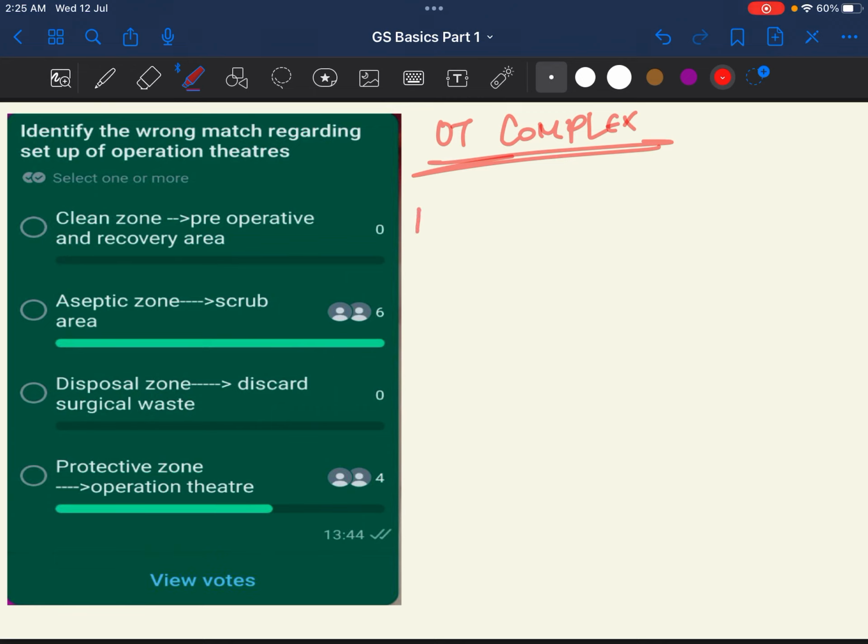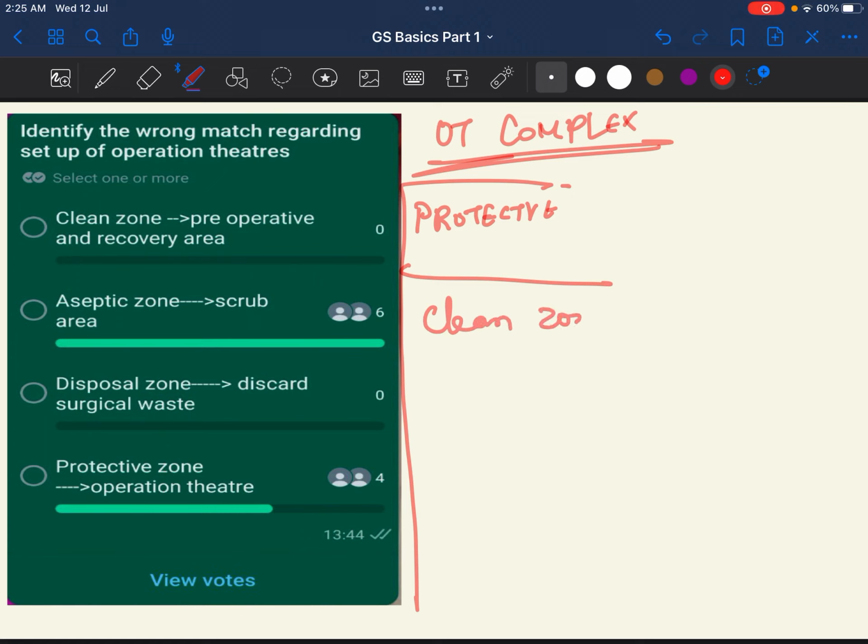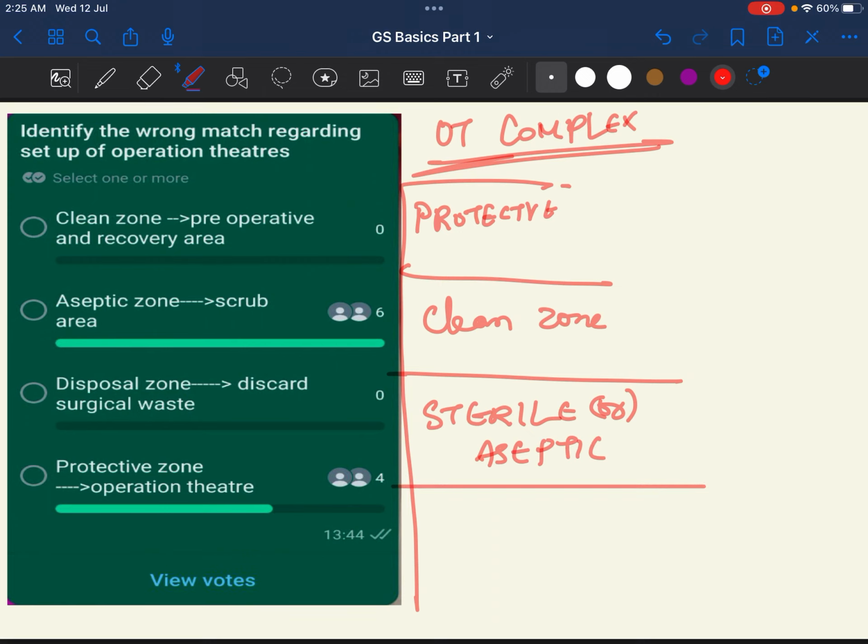Zone 1 will be the protective zone, zone 2 will be the clean zone, zone 3 will be the sterile or aseptic zone, and zone 4 will be the disposal zone.